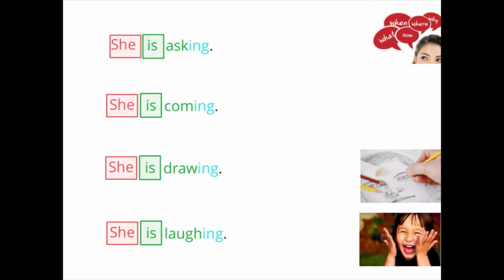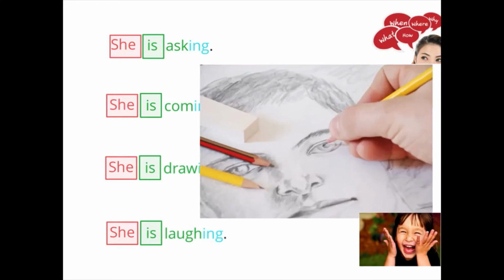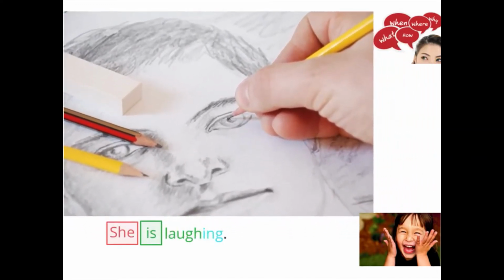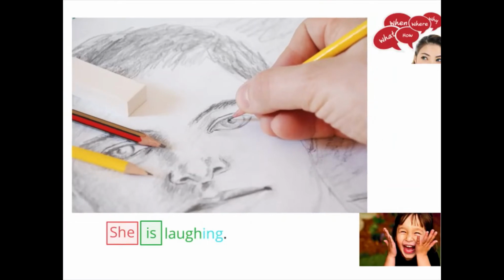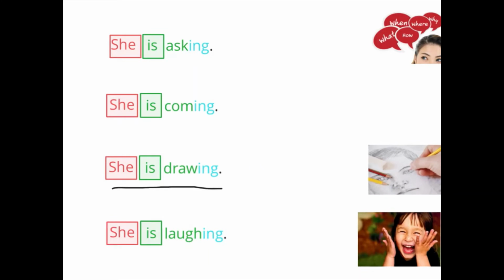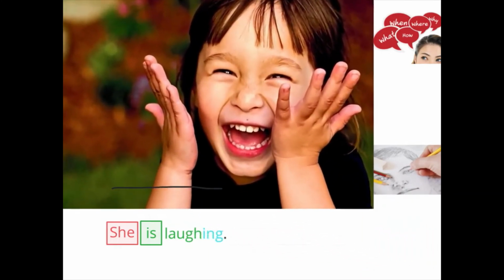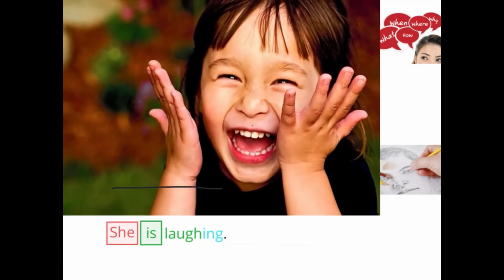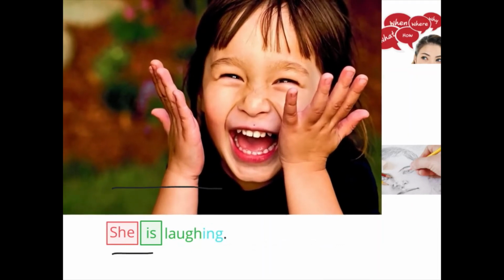Our next picture is someone who is drawing. She is drawing a picture. Drawing. And here is our sentence. She is drawing. Our next picture is someone who is laughing. We would say, she is laughing. This verb laugh is not an easy verb because the letters don't make sense.